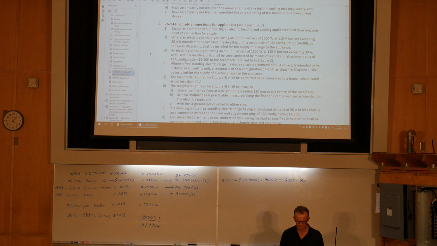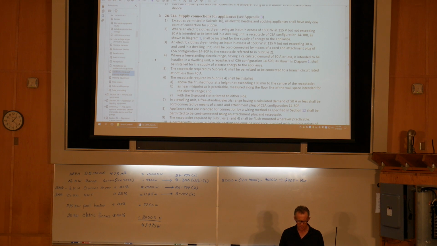It says here, where a freestanding electric range having a calculated demand of 50 amps or less is intended to be installed in a dwelling unit, a receptacle of CSA configuration 14-50R, as shown in diagram 1, shall be installed for the supply of electrical energy to the appliance.